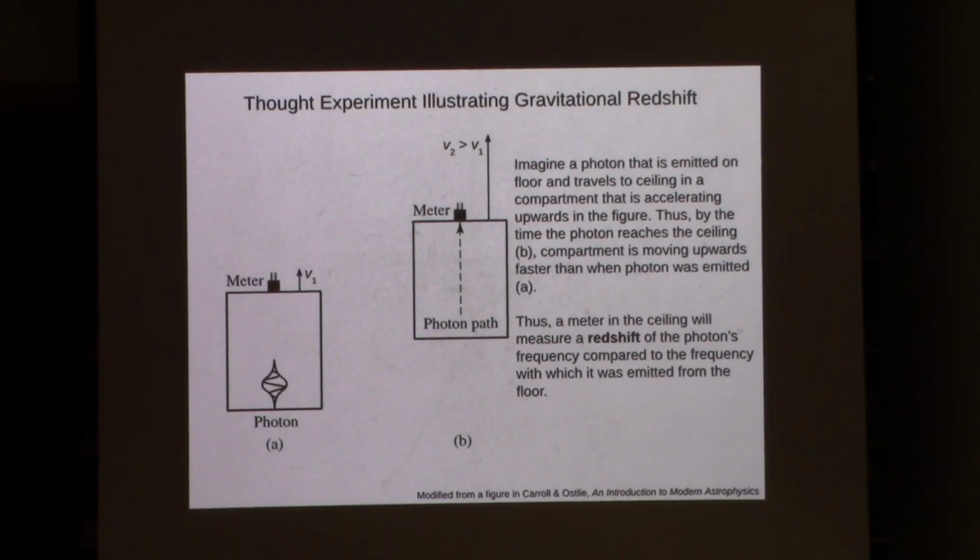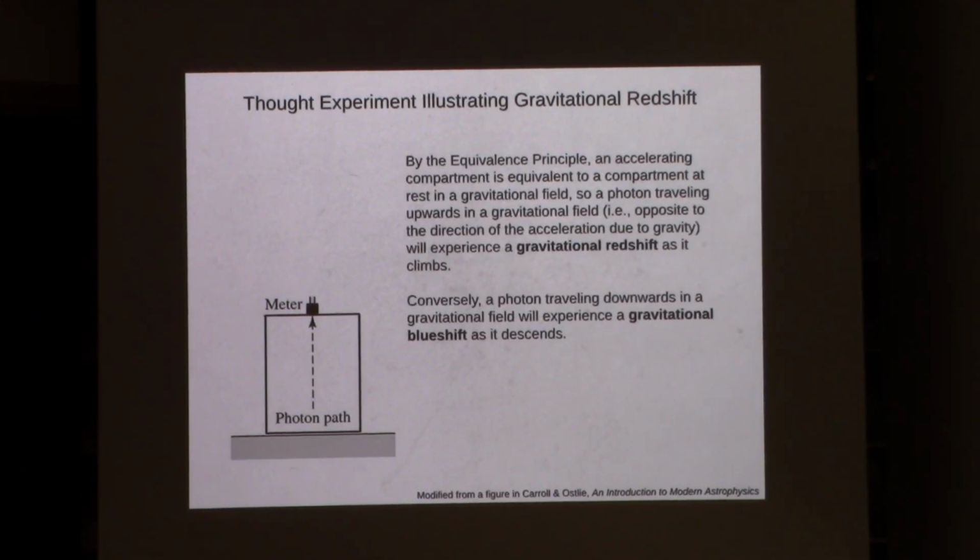All right, so by the equivalence principle, an accelerating compartment is equivalent to a compartment at rest in a gravitational field. So a photon traveling upwards in a gravitational field, i.e. opposite to the direction of the acceleration due to gravity, will experience a gravitational redshift as it climbs.